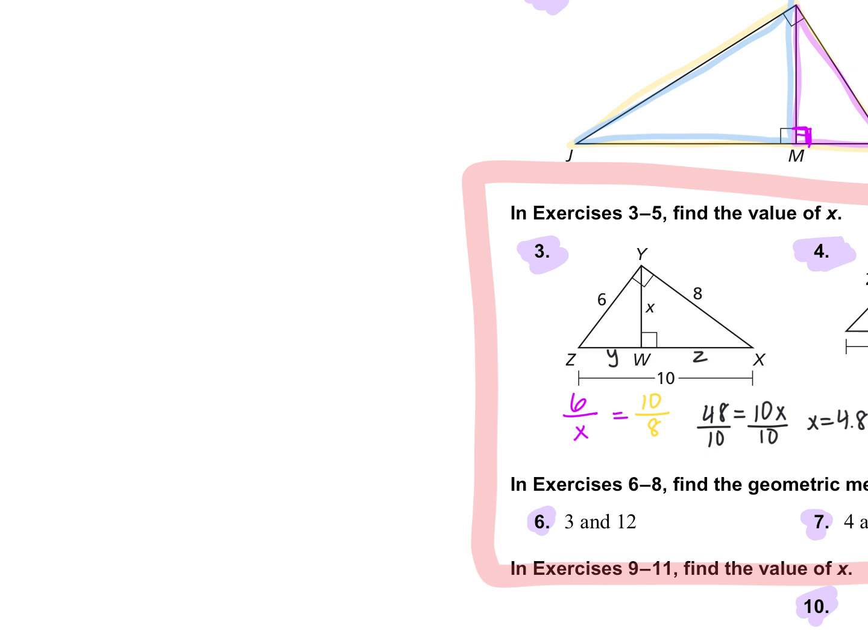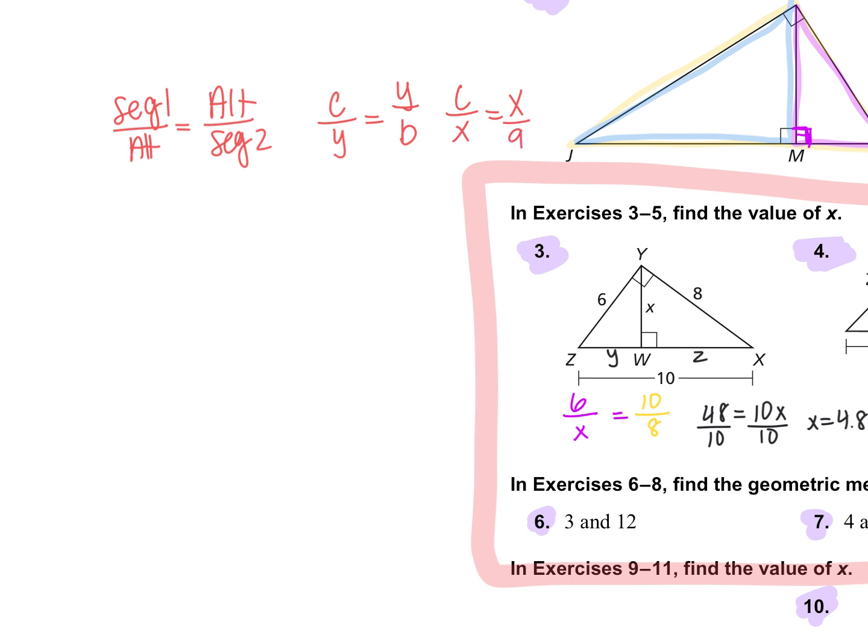There was an altitude one where we had segment 1 over our altitude equals our altitude over segment 2. That's one rule that we had to remember. And then we had c over y equals y over b, and c over x equals x over a.